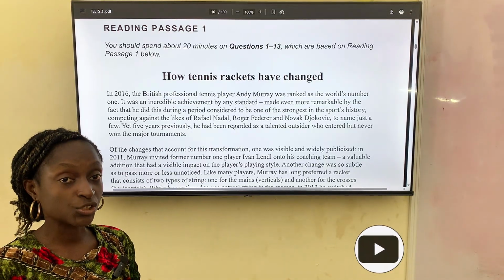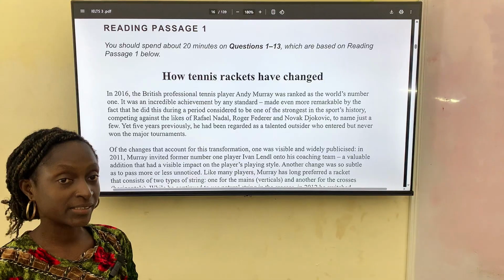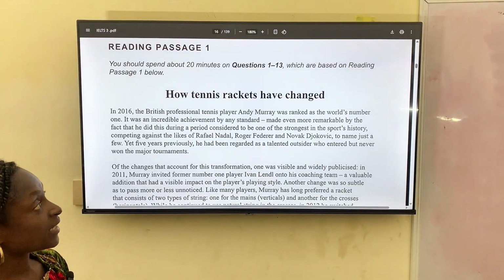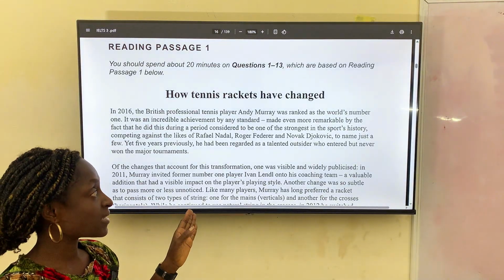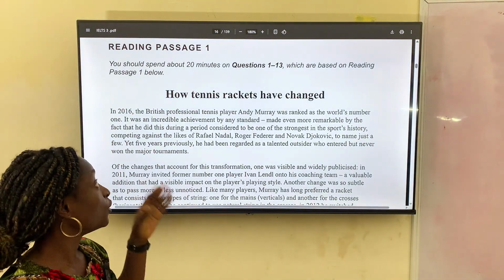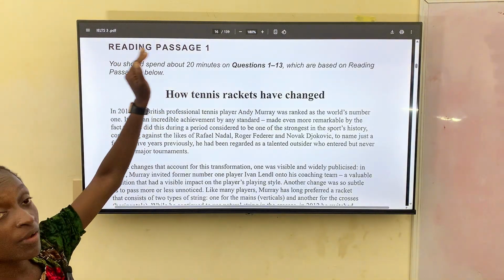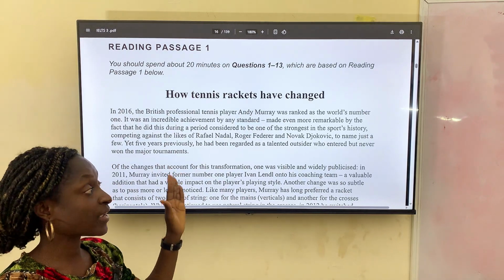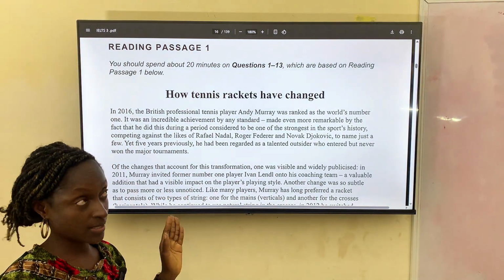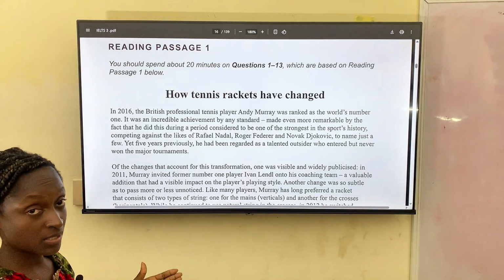Section 1 has just one passage and is a very lengthy passage, like I've said. Now, most of the time, the first passage, which is Section 1, we will have it this way, reading passage 1. So once you've seen reading passage 1, that simply means that is Section 1, or the first part of the reading test, and it's usually comprised of 14 questions or 13 questions.